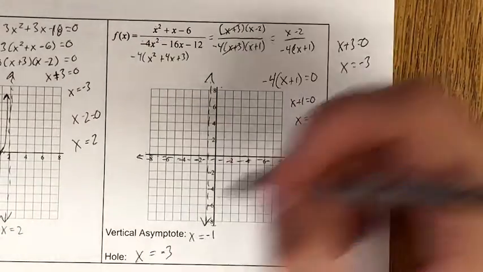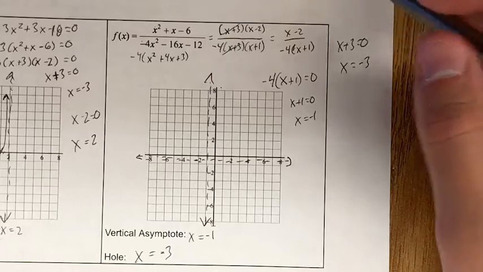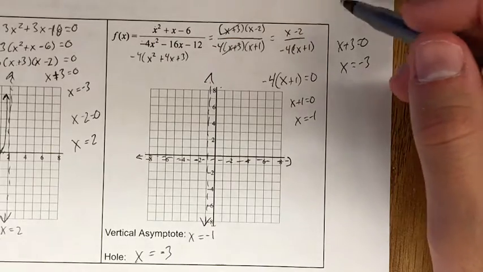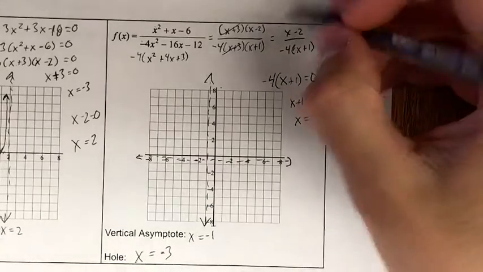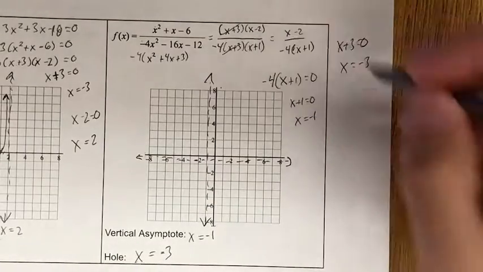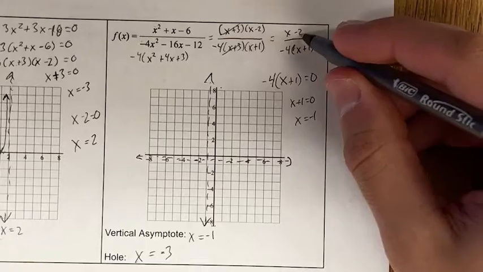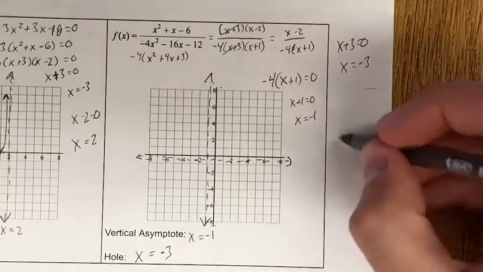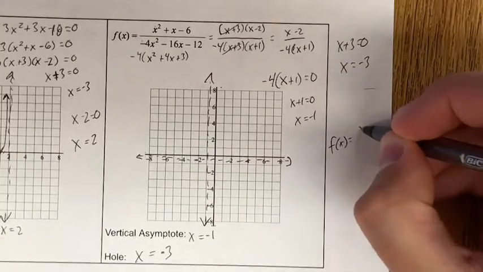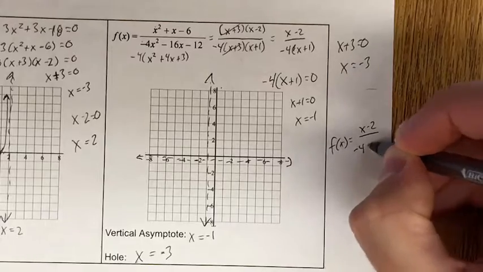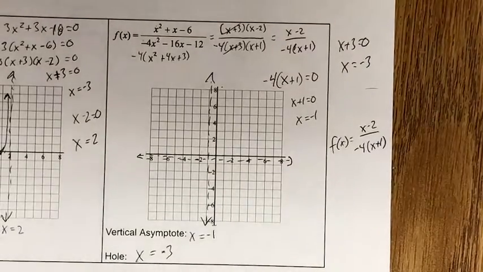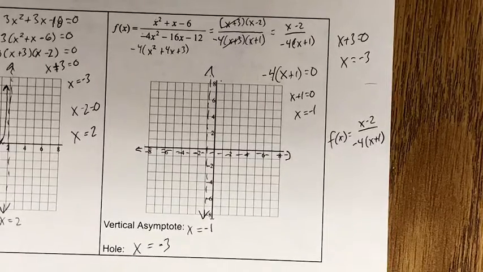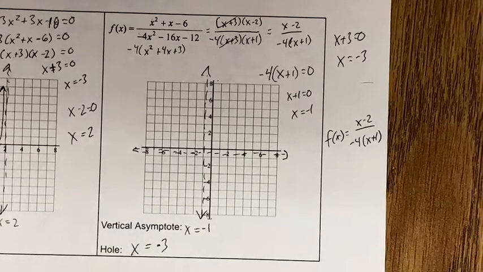We have a hole when x is negative 3. So the way we determine our hole, as well as the way that we graph, is you look at your already canceled function. Looking at our canceled function, which in this case is f of x equals (x - 2) over negative 4 times (x + 1), you plug in values.